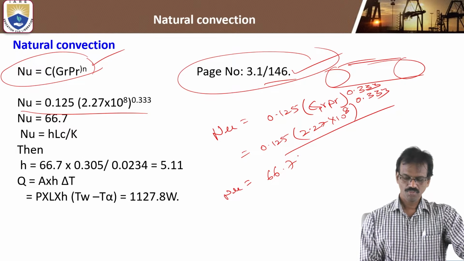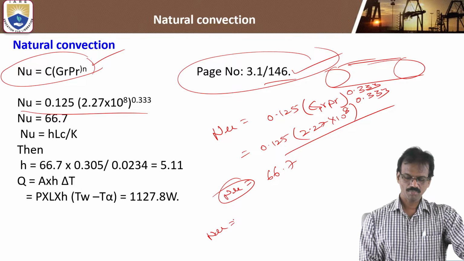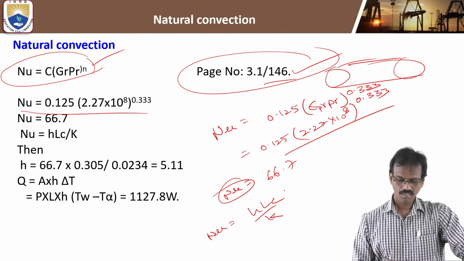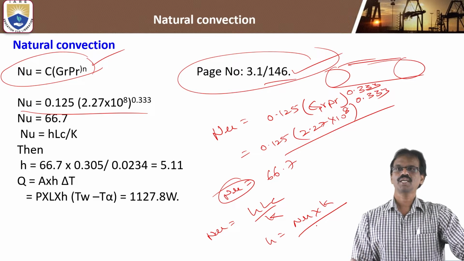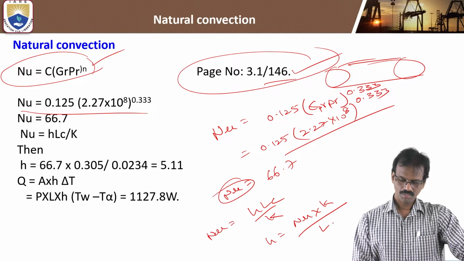Once you have the Nusselt number, you know that Nusselt is equal to h·L by k, where L means LC, the characteristic length. Then you can find the h value. h is equal to Nusselt into thermal conductivity of the dry air by LC.